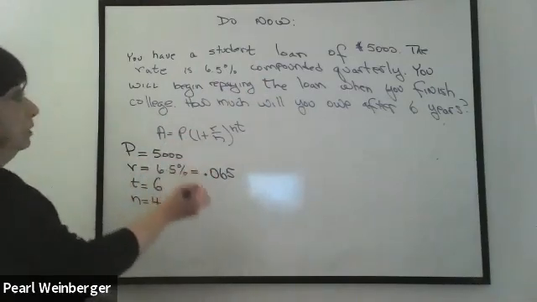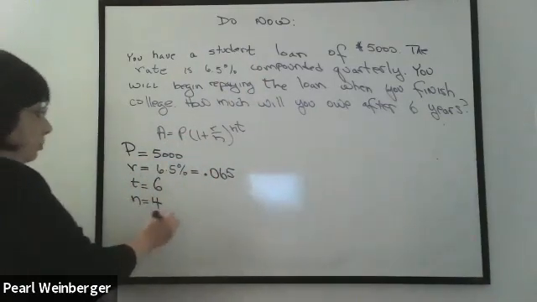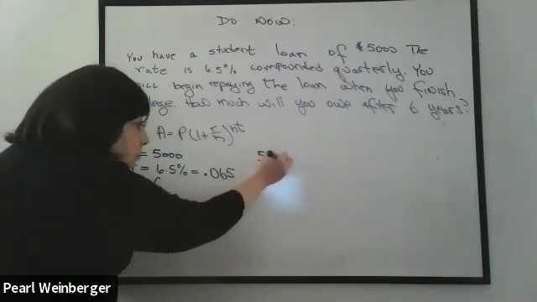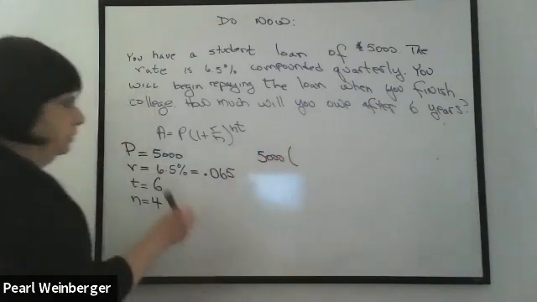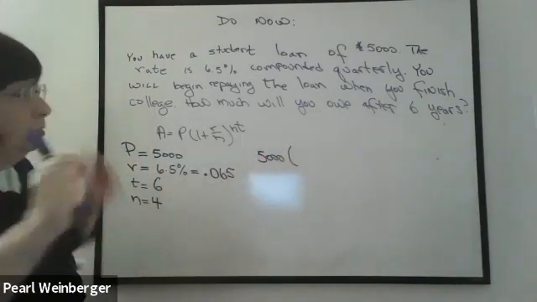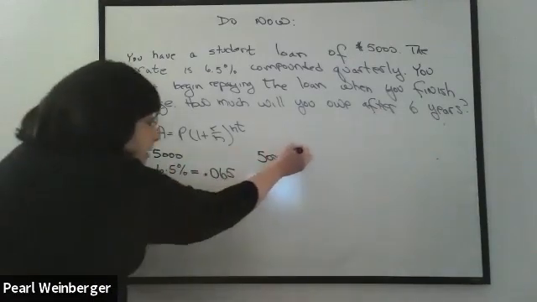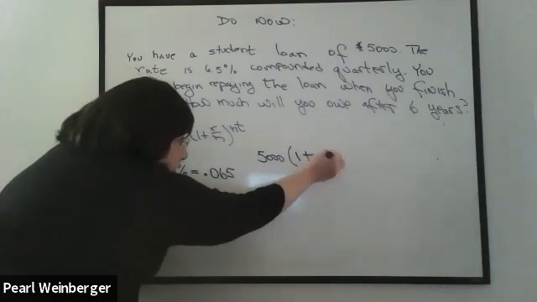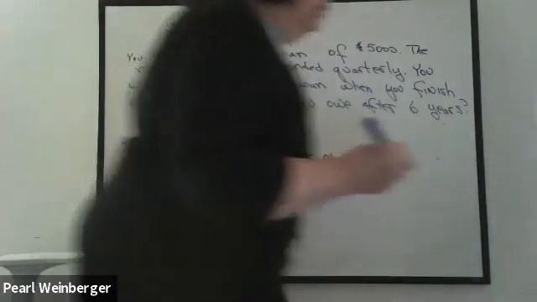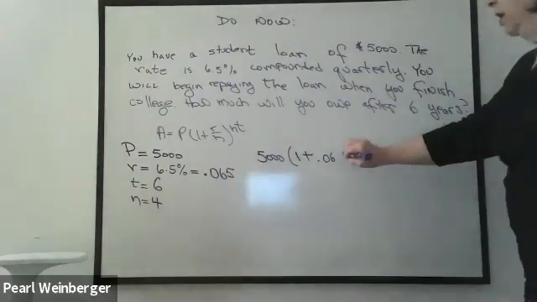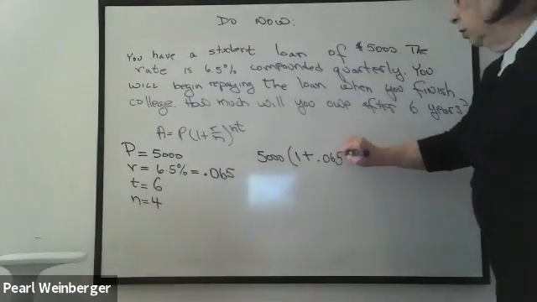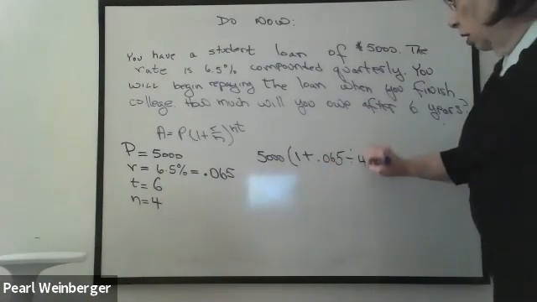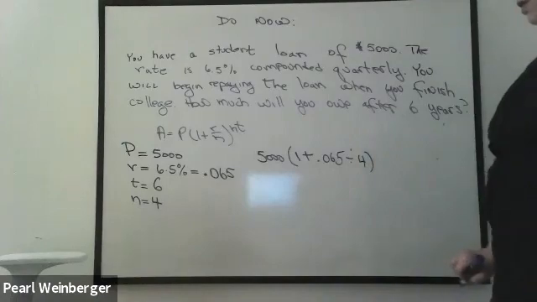And now I'm going to put all these numbers into my calculator. So here's how I'm going to put it into my calculator. It's going to be 5,000, parentheses. There's a parentheses button on your calculator. You're going to put it in that way. 1 plus 0.065 divided by N, which we know is 4. Close the parentheses.